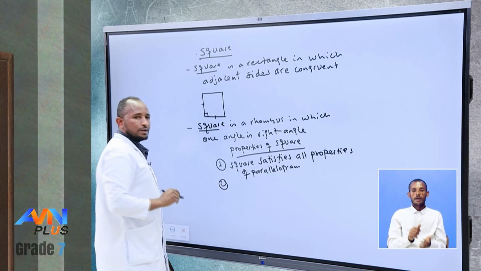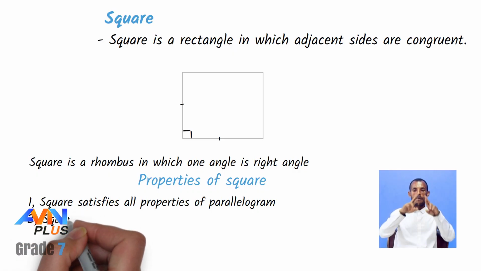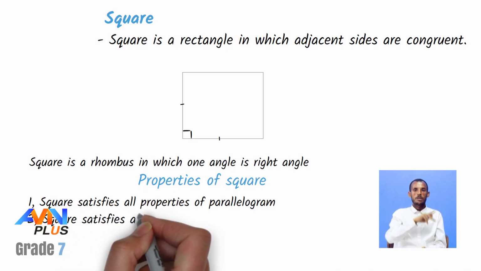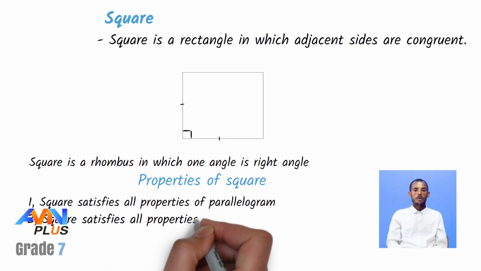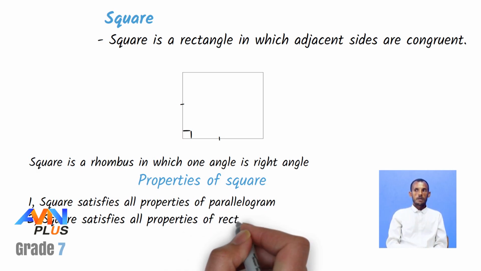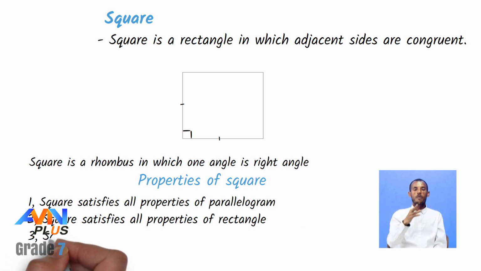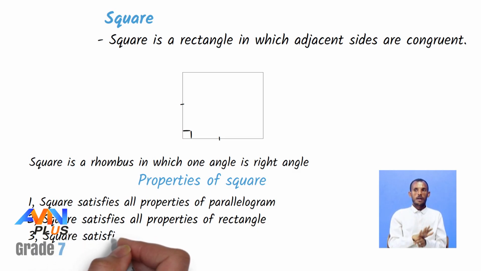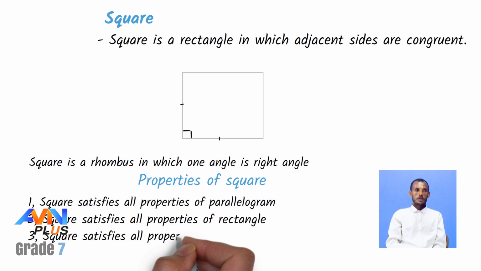Again, a square satisfies all properties of a rectangle. And a square satisfies all properties of a rhombus.